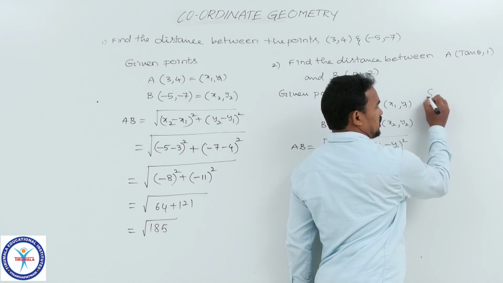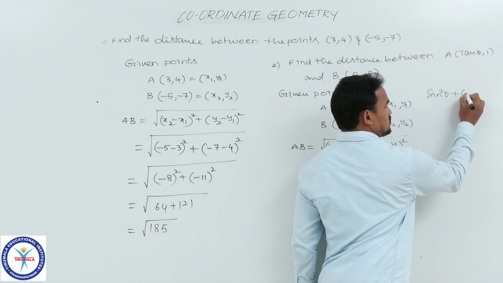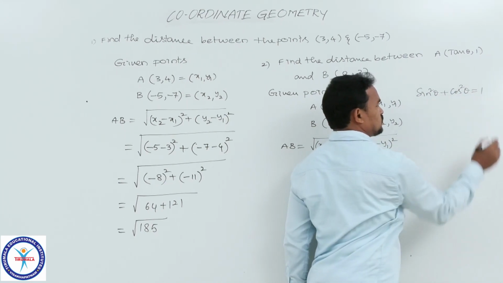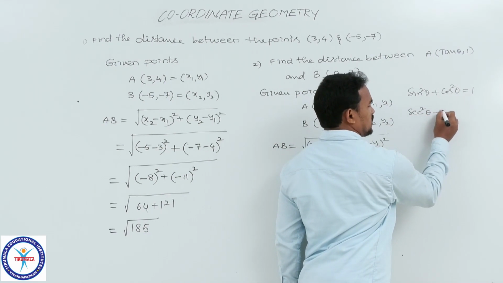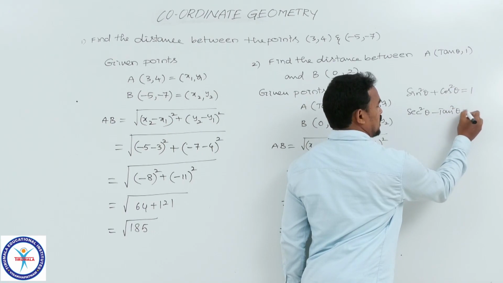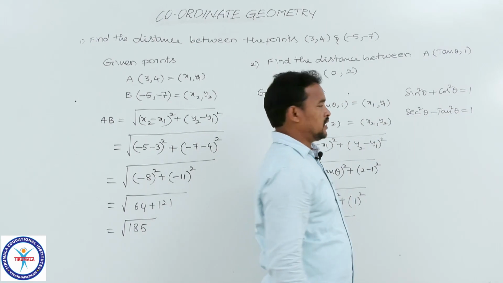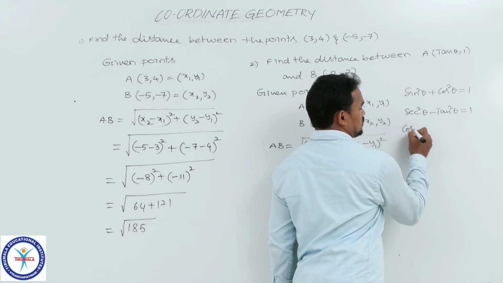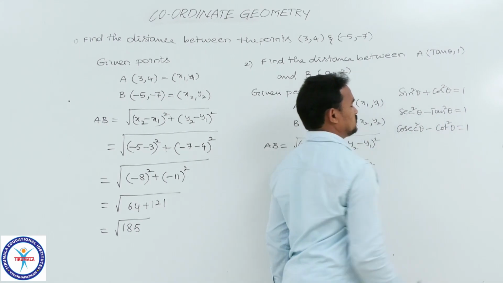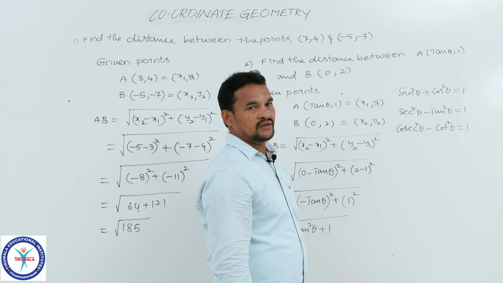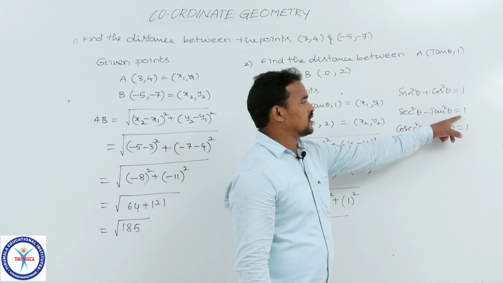Some identities in trigonometry: sin square theta plus cos square theta value is 1. Similarly, secant square theta minus tan square theta value is 1. Next, one more formula, cosecant square theta minus cot square theta is also 1. From the second identity, secant square theta minus tan square theta value is 1.